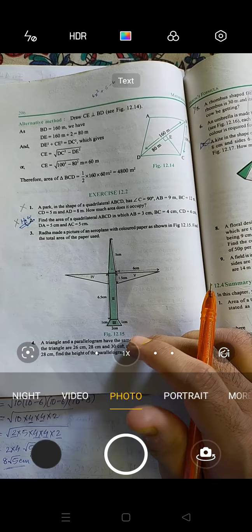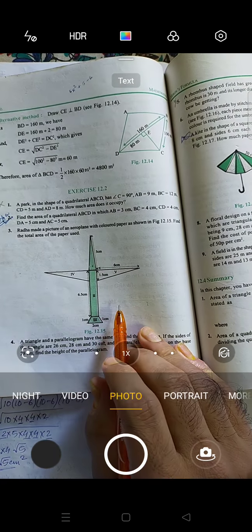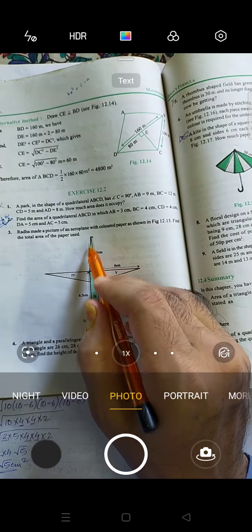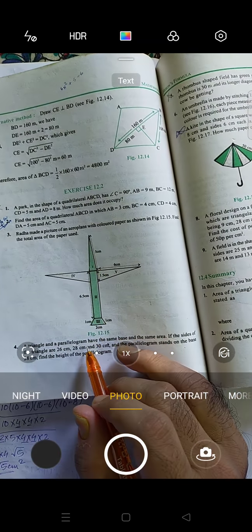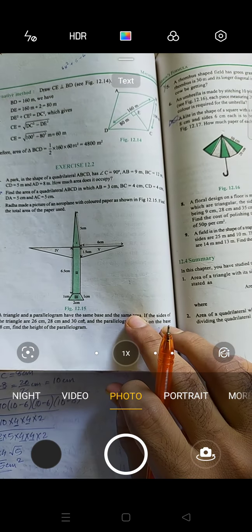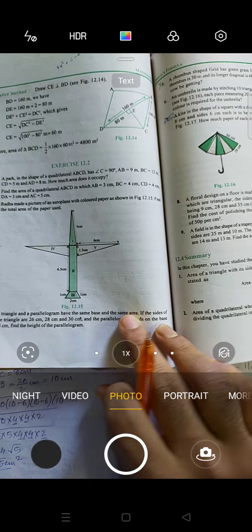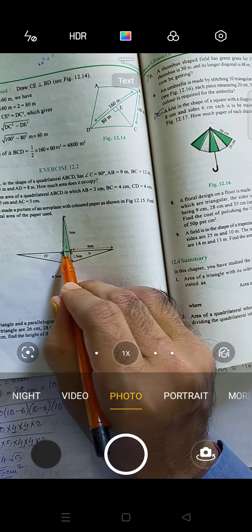Now how to do this one? You can see that this is figure 1. Just now we have solved question number 9. Actually this is 1 centimeter.